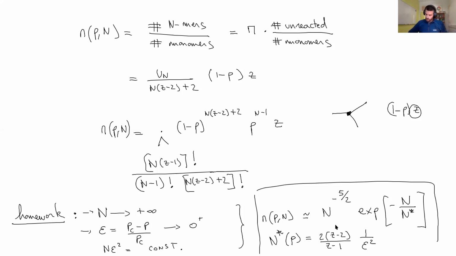At that moment, n star goes to infinity, so this cutoff factor, the exponential, comes to 1. And so now you're dominated by the amplitude that was not very important previously. But now you're dominated with an amplitude which is a power law. And so you go from an exponential law away from the critical point to an algebraic behavior.